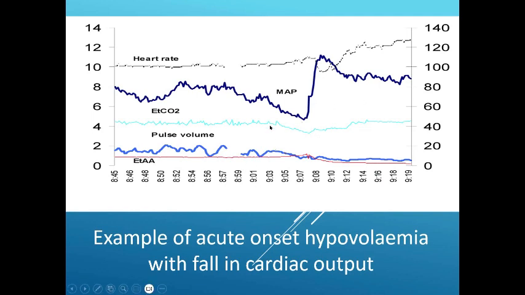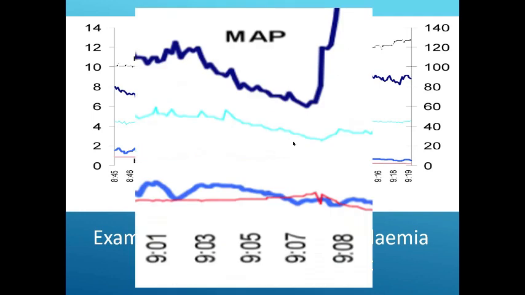At 9:03, the end-tidal CO2 starts to fall. And if you remember your respiratory gas kinetics, you can see that with the fall in cardiac output, the anesthetic concentration rises.